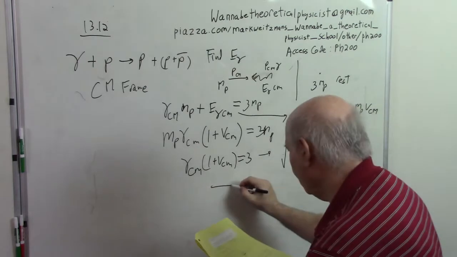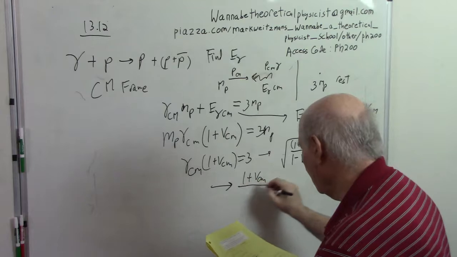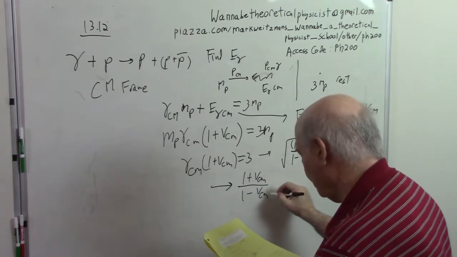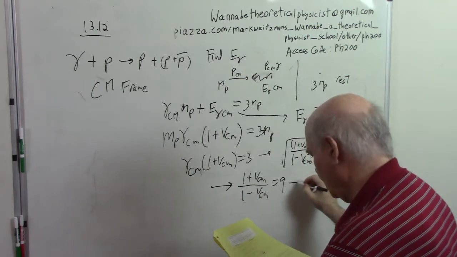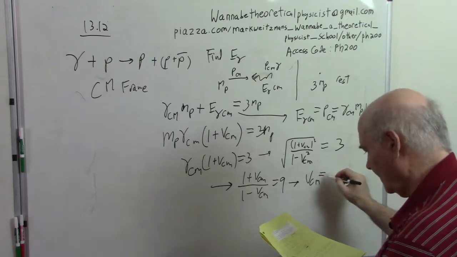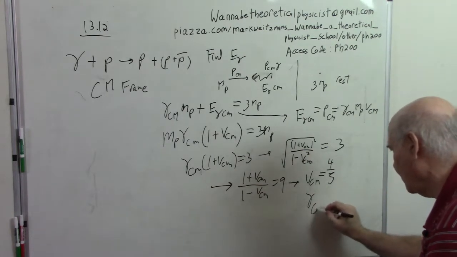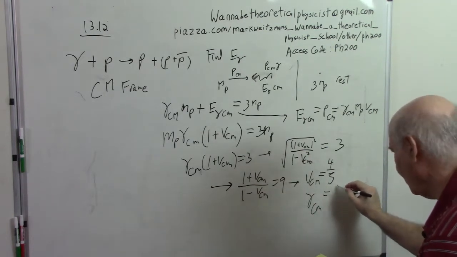And that leads to (1 plus VCM) over (1 minus VCM) equals 9, which leads to VCM equals 4 over 5, and gamma CM equals 5 over 3.